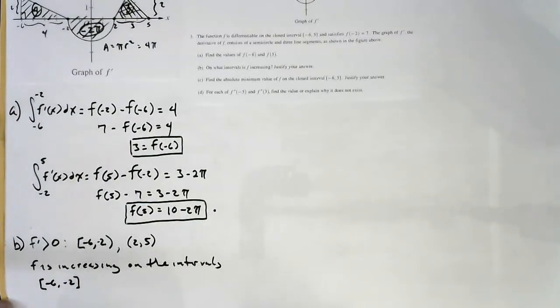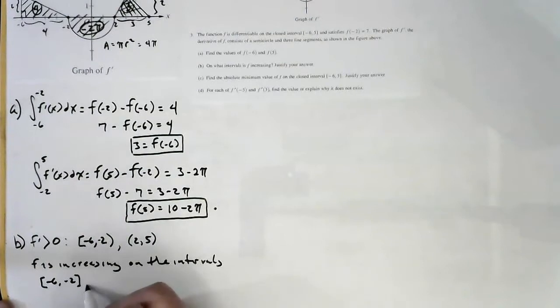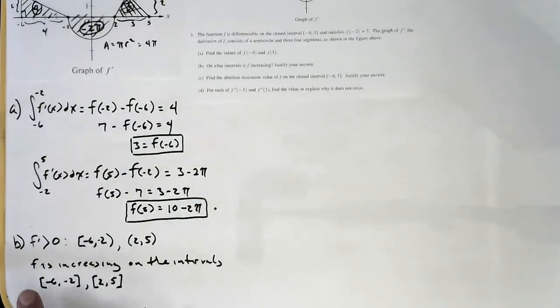That's acceptable for increasing and decreasing intervals. And I'll put a comma, and it's also going from 2 to 5. So the small adjustment I make, when stating what's happening in increasing and decreasing intervals, is I change my parentheses to brackets. And that is the end for letter B.